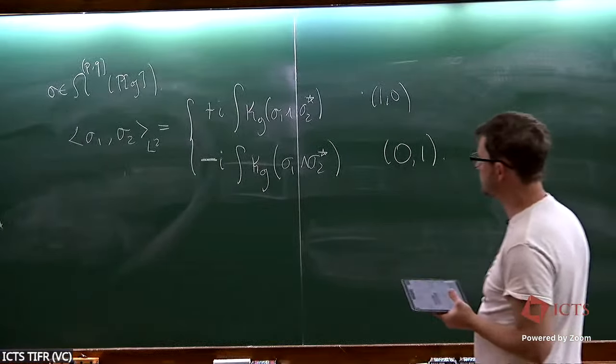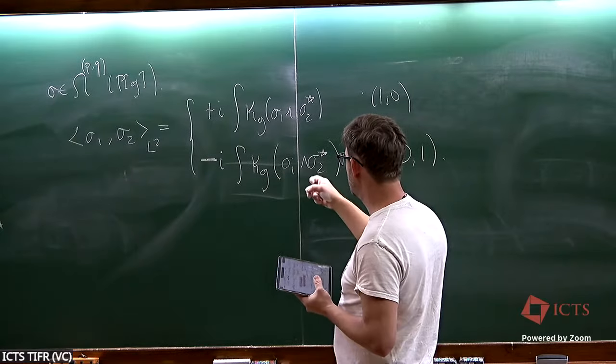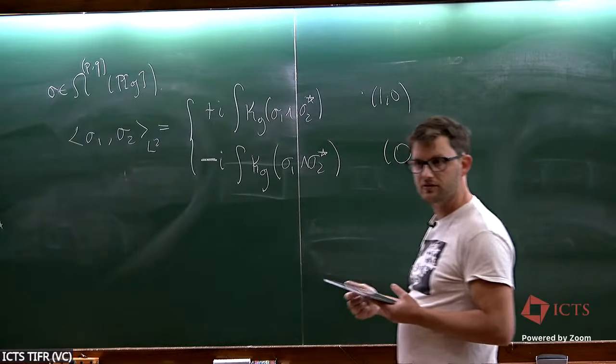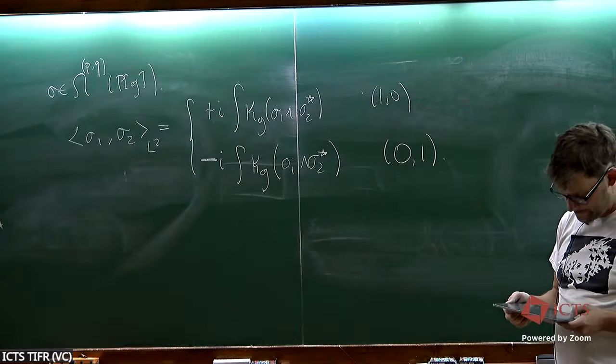Okay, one because this is like a dz bar wedge of dz, and you need to flip it, and you always get a minus. Okay, good.